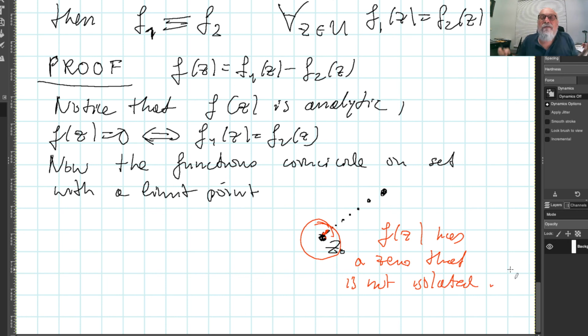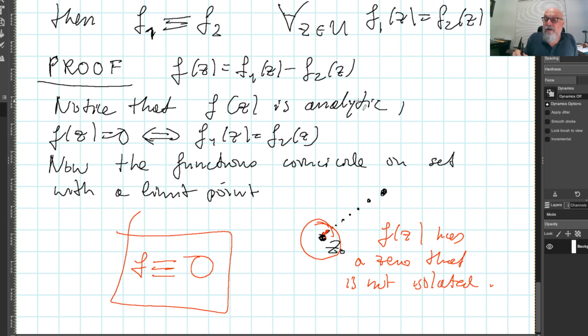So it cannot be a non-zero function. That means it must be a zero function, identically 0, and this is exactly that these two functions are equal.